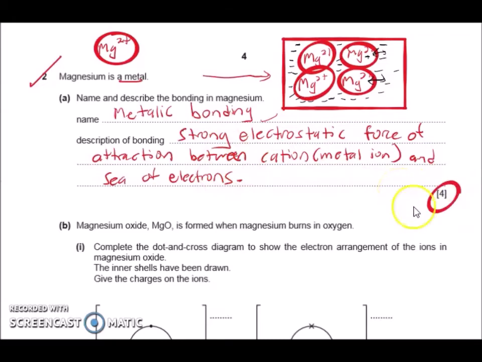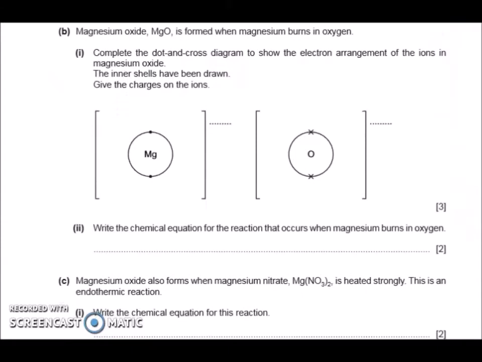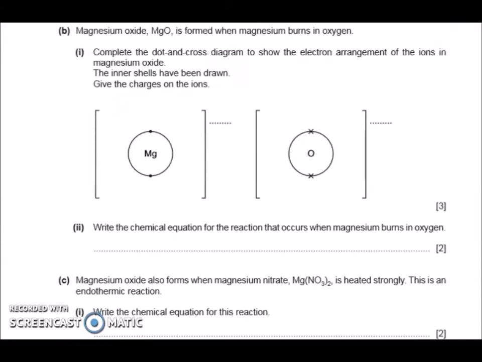Okay, now we move to the next question here. Okay, magnesium oxide is formed when magnesium burns in oxygen. Alright, so complete the dot and cross diagram to show the electron arrangement of the ions in magnesium oxide. Okay, these are the ions.